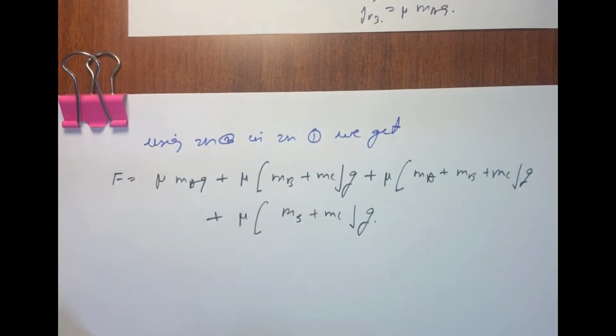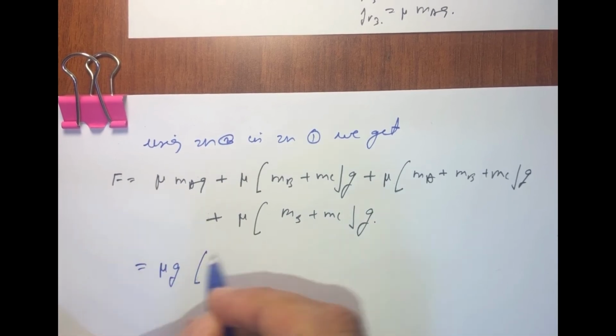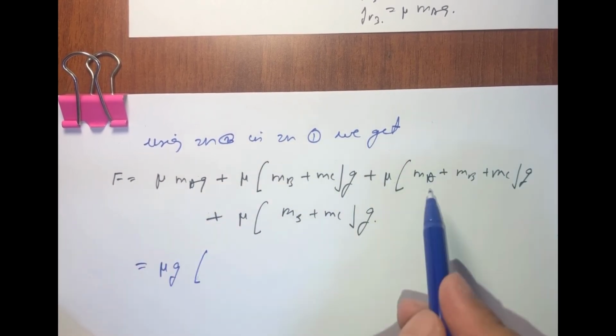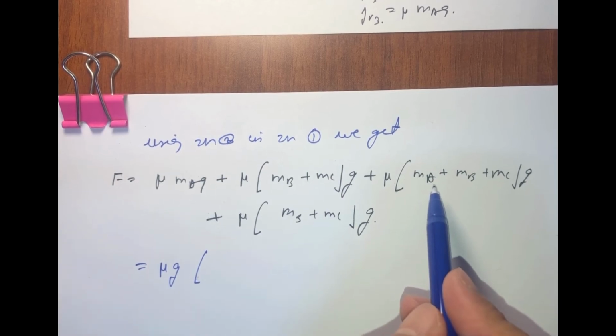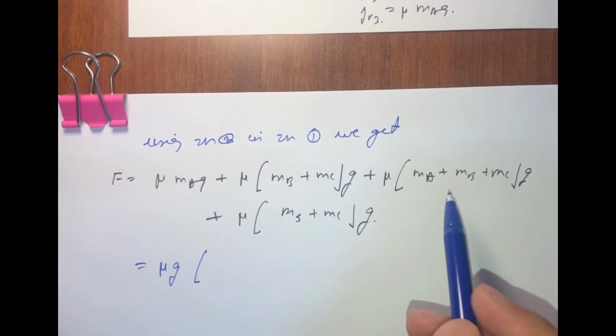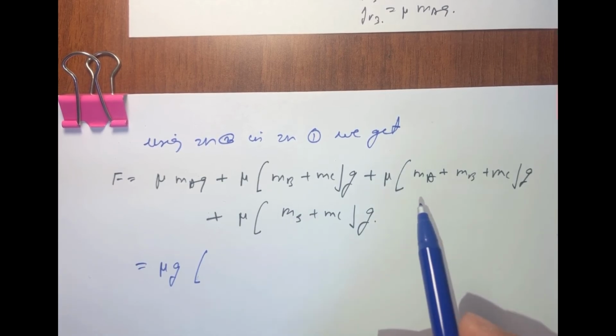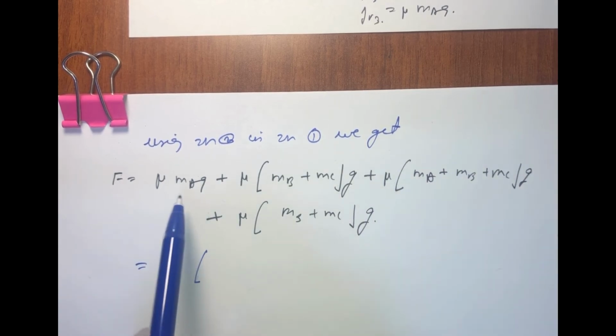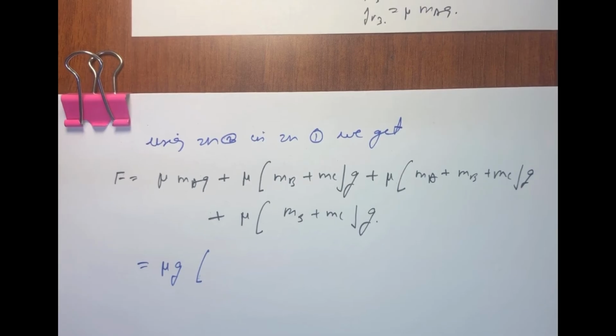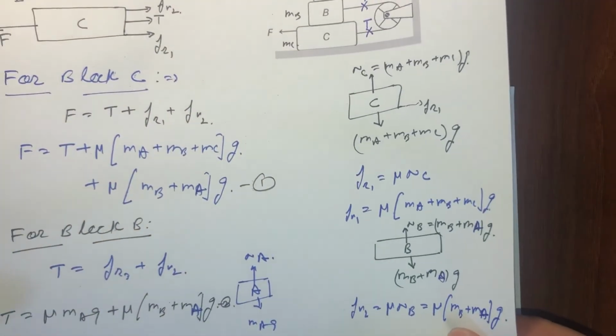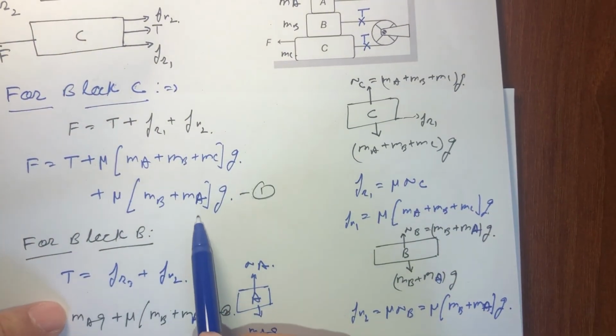You can take mu g common from the entire equation. There was a little bit of a mistake on my part.